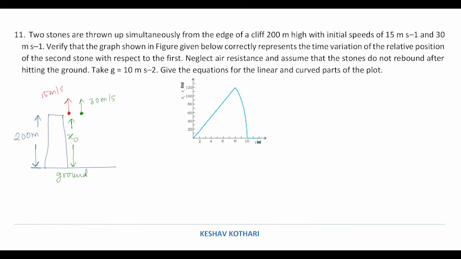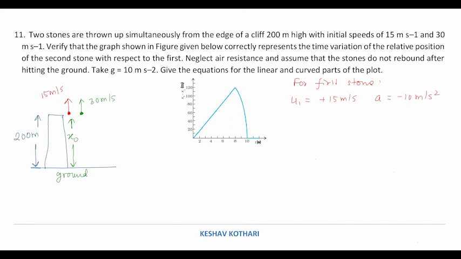So we are writing the equations from the ground, for the first stone. We take initial velocity as positive in the upward direction, plus 15 meter per second, and acceleration in the downward direction, that is minus 10 meter per second square.